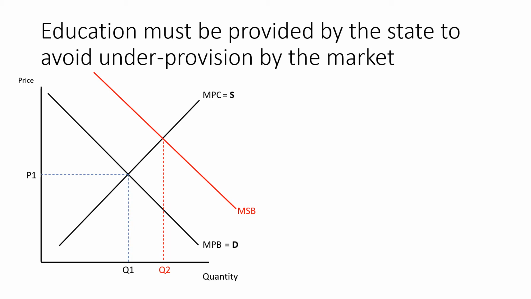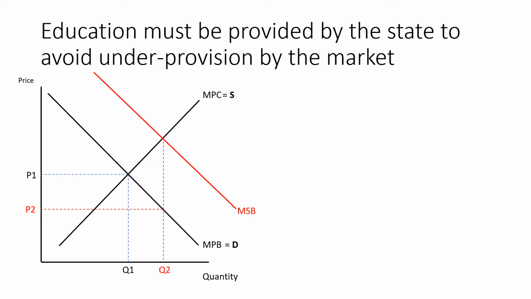To get students to buy the allocatively efficient quantity, we would need a price of P2. So you could also say that at the moment the market price of private education, P1, is too high. It's above the allocatively efficient price.